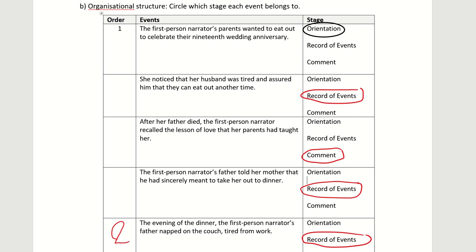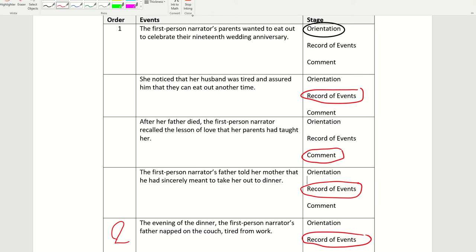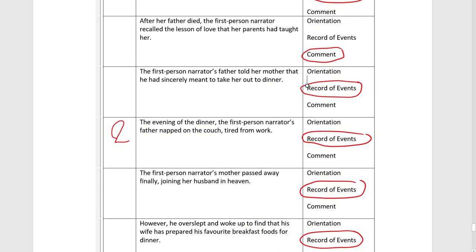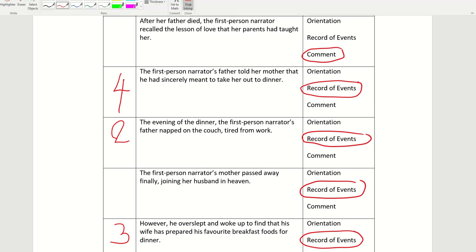He overslept, and woke up to find that his wife has prepared his favorite breakfast food for dinner. Then what happened? The father told the mother that he sincerely meant to take her out to dinner. And what did the mom say?